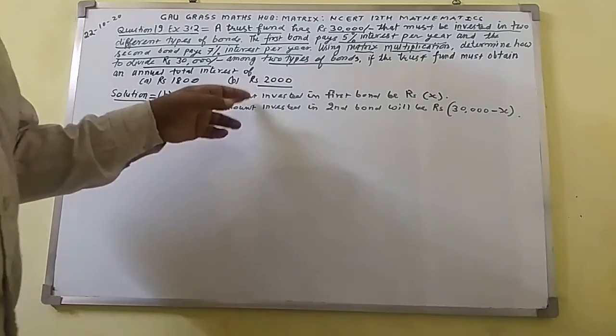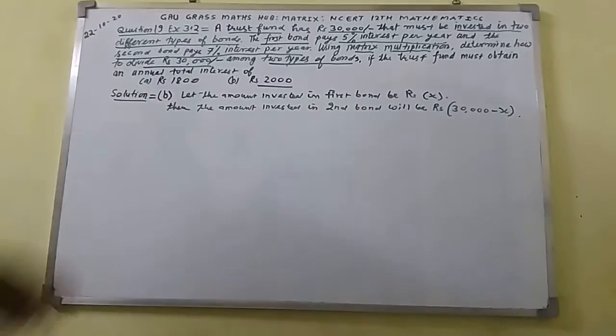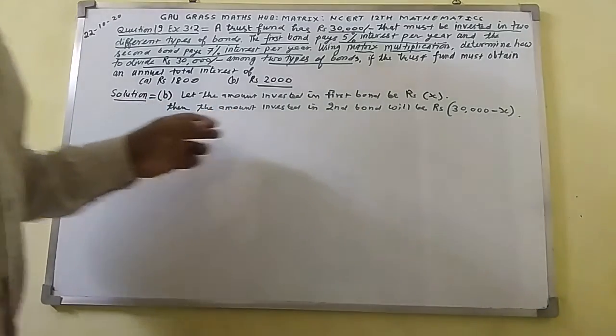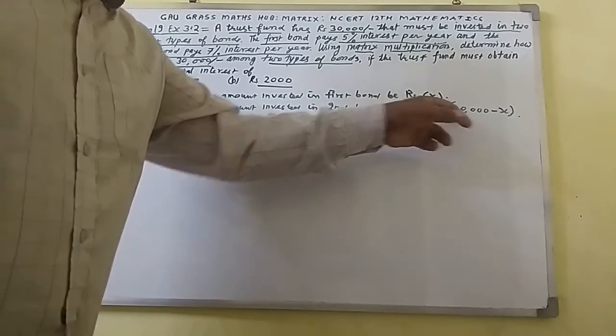In the first bond rupees X has been invested, so in the second bond the money invested will be equal to 30,000 minus X.